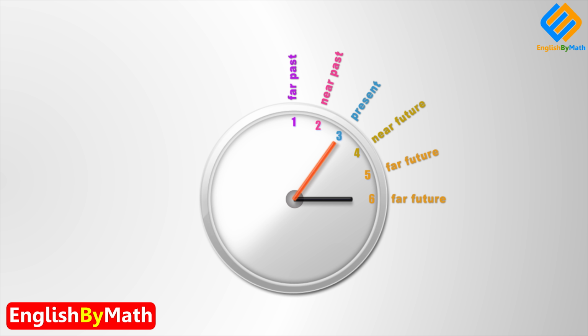Therefore, near past and far past and near future and far future are determined according to their distance from the present. The mechanism of time is, therefore, a natural phenomenon whereby future becomes present and present becomes past.